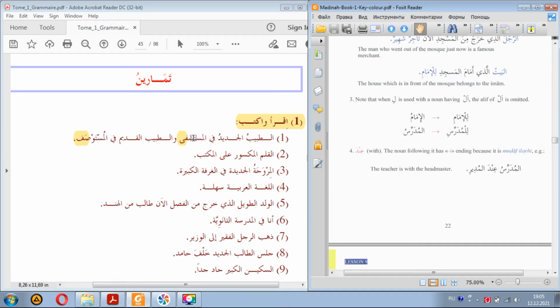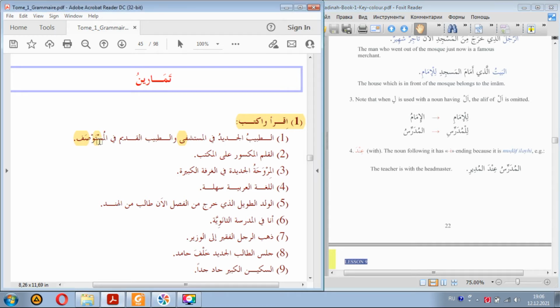They are exceptions, and therefore it's في المستشفى. والطبيب القديم في المستوصفة. مستوصفة, it's a place where you come for advice from a doctor. But مستشفى, it's a place where you get treatment. That's the difference between these two words.